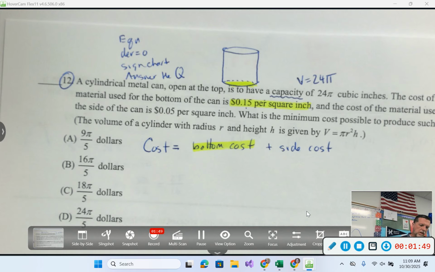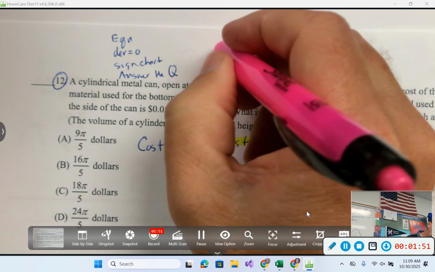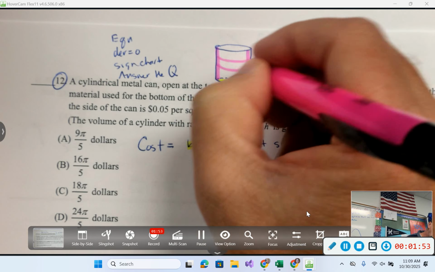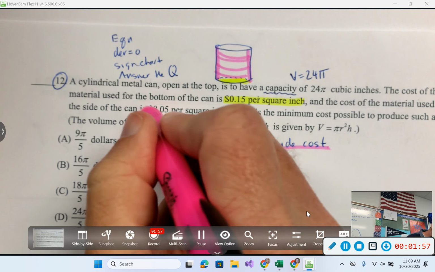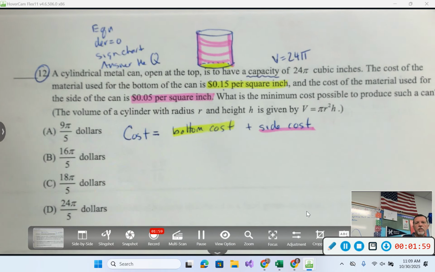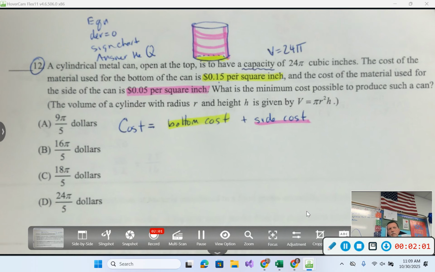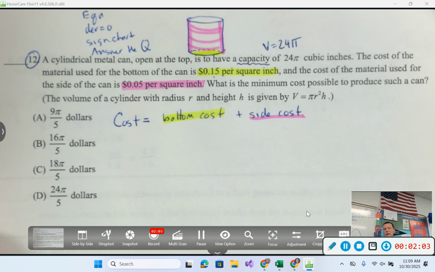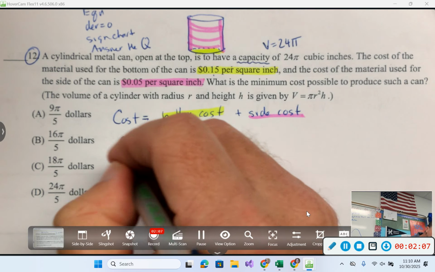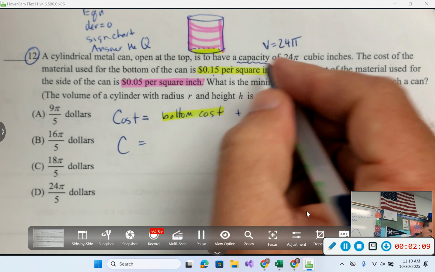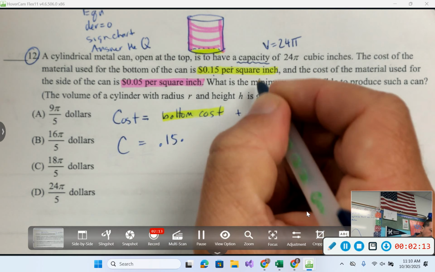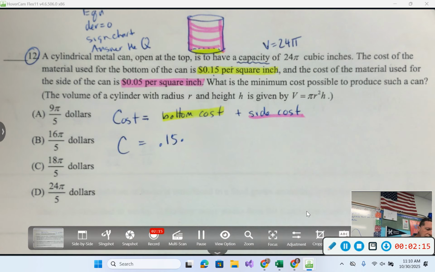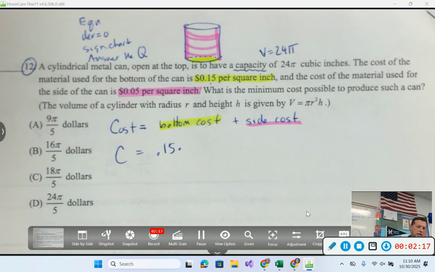And that's 5 cents per square inch. So I'm trying to build up to my equation and not do the thing where you just write down the final equation. So the bottom is 15 cents per square inch. So 0.15 times the area of the bottom of the can.